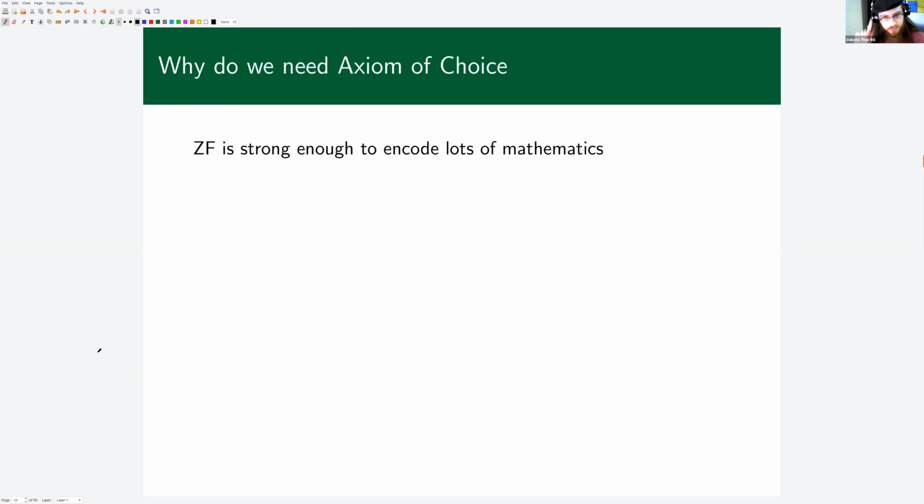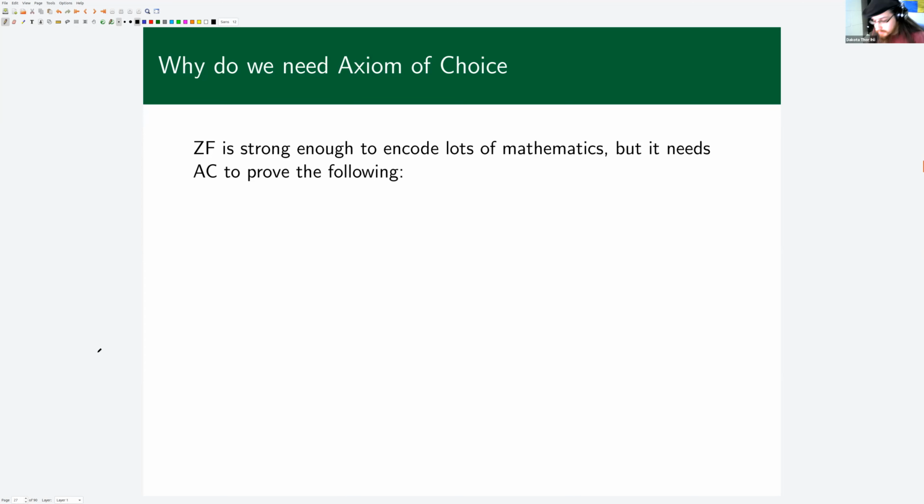You can define groups and rings and fields, the real numbers, the complex numbers, Boolean algebras, smooth manifolds, probability spaces, all of this stuff that most mathematicians use. But there are some properties about these objects you can define that ZF does not give you automatically. You need axiom of choice, or at least some weak form of axiom of choice, to prove them.